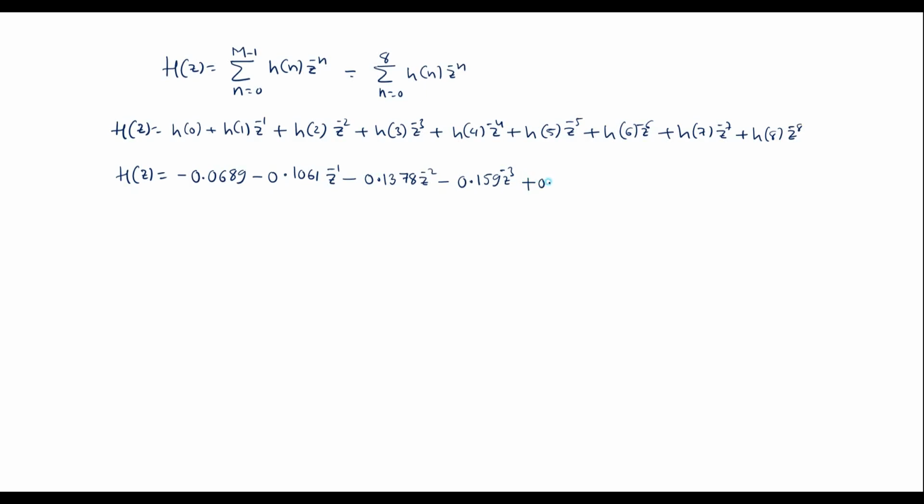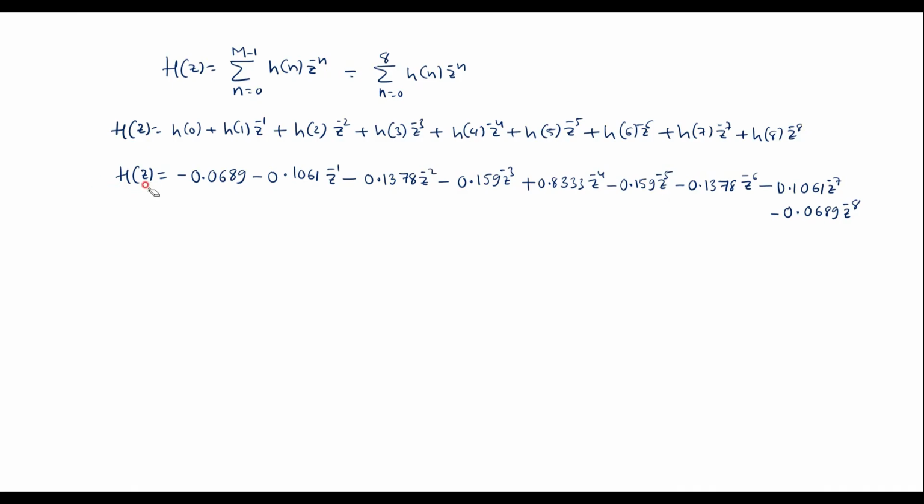H of 4 is 0.8333 z power minus 4 plus h of 5 is minus 0.159 z power minus 5. H of 6 is minus 0.1378 z power minus 6. H of 7 is minus 0.1061 z power minus 7 and h of 8 is minus 0.0689 z power minus 8.